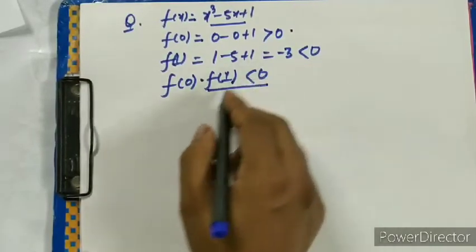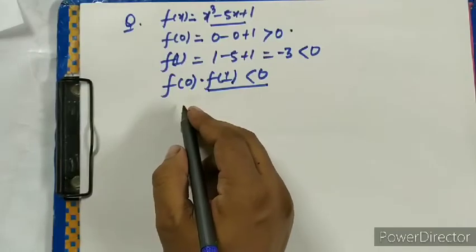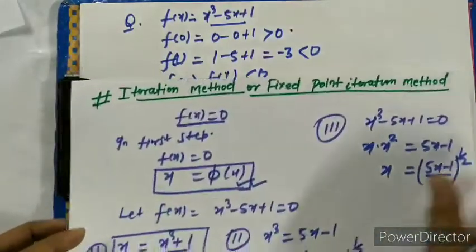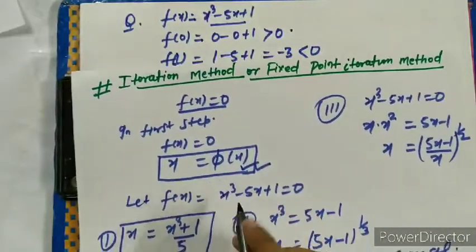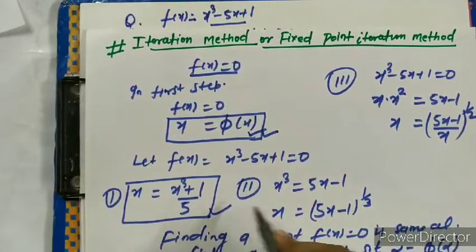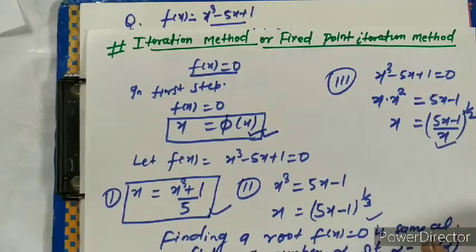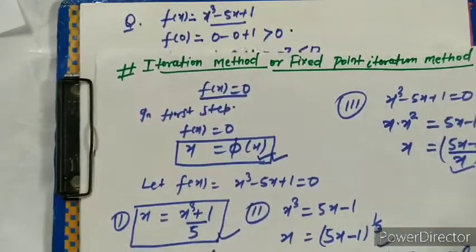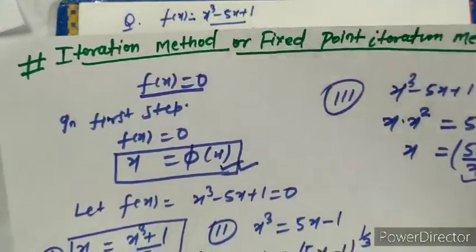Okay, so we have seen these functions earlier. This function can be written in iteration form like this, and like this. These are the three forms of the function x cube minus 5x plus 1.